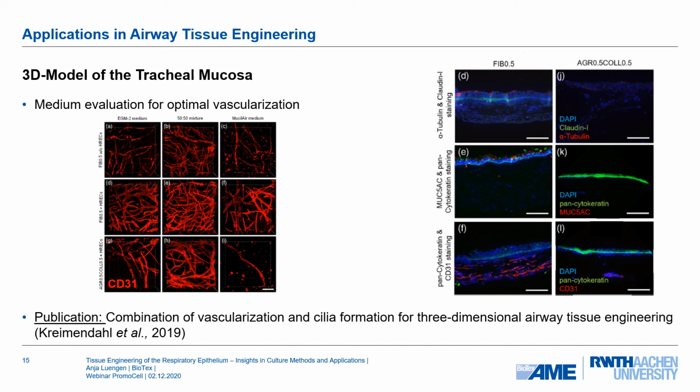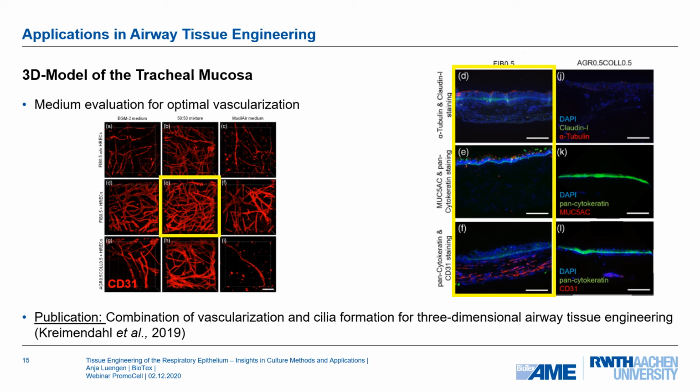EMM was found to be superior for both epithelial differentiation and vascularization in this context, as shown by these two-photon laser scanning microscopy images after a CD31 staining. The combination of EMM with fibrin-based hydrogels was found to be superior for both vascularization and epithelial differentiation.